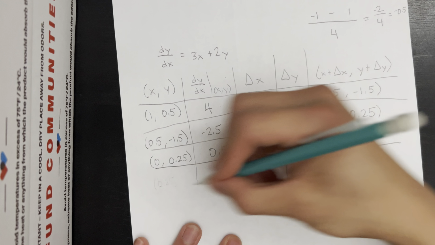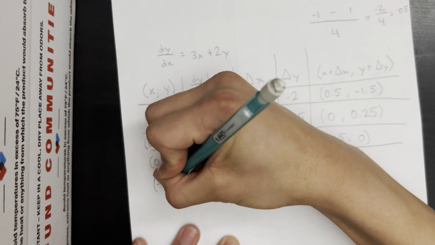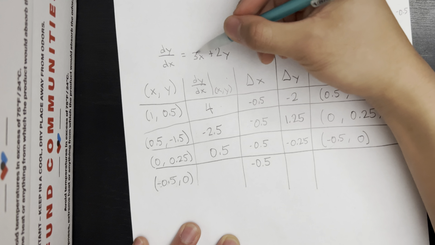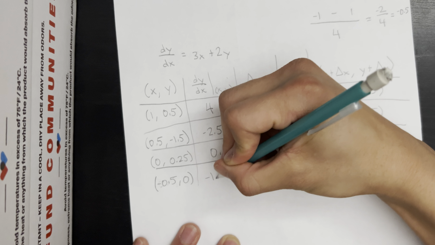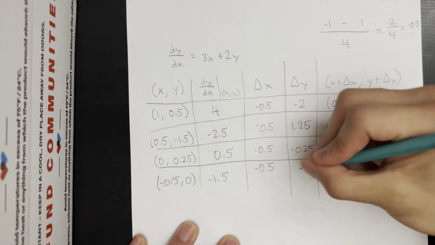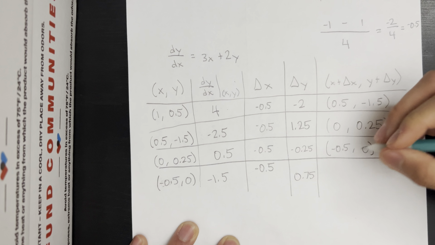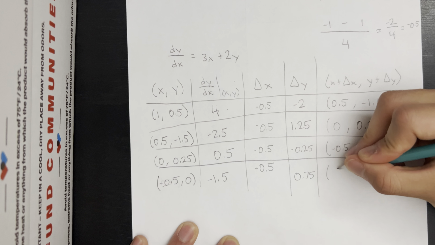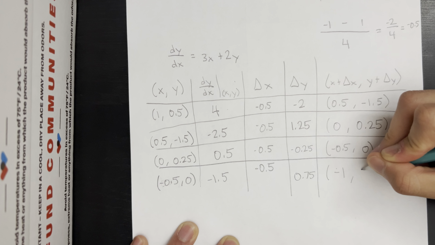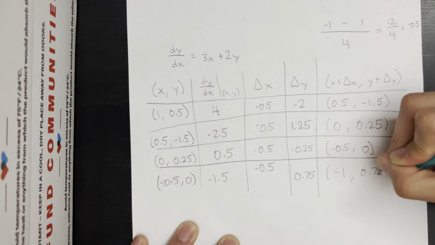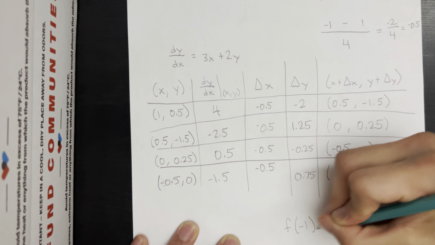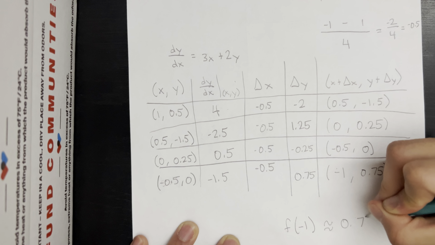Then on to our last step, we have negative 0.5, comma 0, which this would be negative 1.5. This would be 0.75. And this would just be negative 1, comma 0.75. And that's our answer. We finally got f of negative 1 is about 0.75.